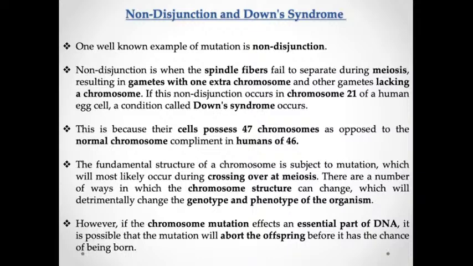The fundamental structure of chromosomes is subject to mutation, which most likely occurs during crossing over at meiosis, and there are a number of ways in which the chromosome structure can change, which will detrimentally change the genotype and phenotype of the organisms. So, if the chromosome mutations affect an essential part of DNA, it is possible that the mutation will abort the offspring before it has a chance of being born.